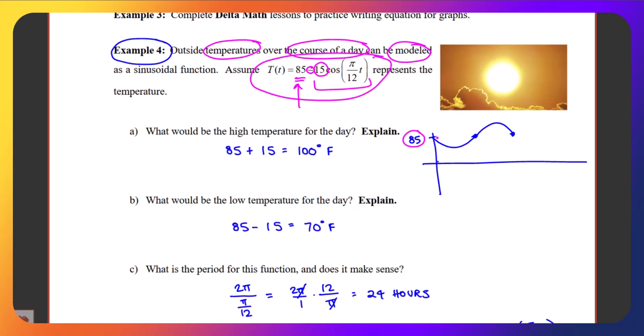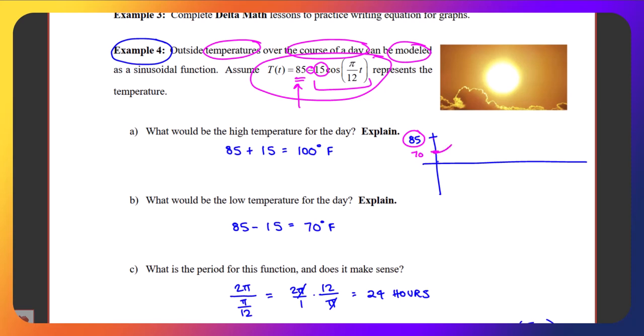So the cosine curve doesn't start above, but it starts below. 15 below 85 is 70.